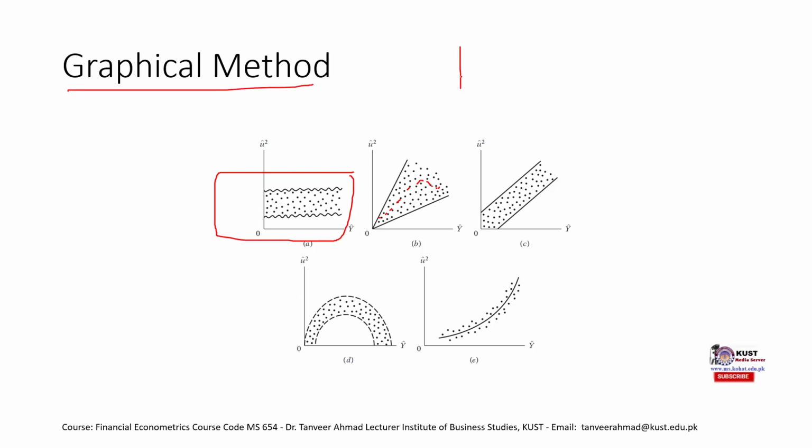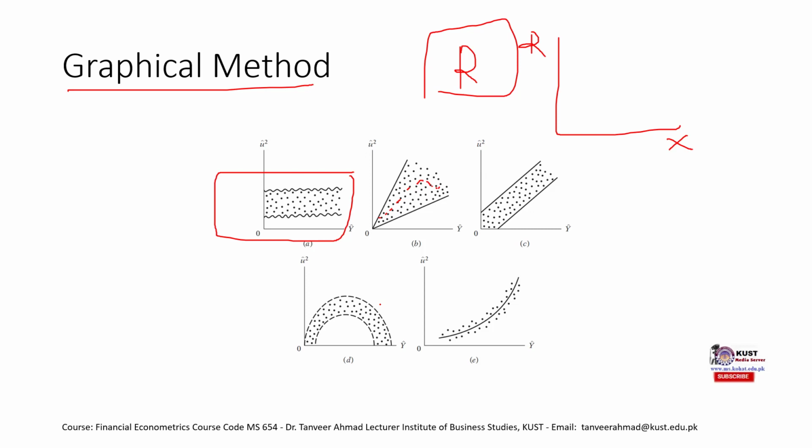We can draw some kind of residual plot, and a residual plot is where we plot the error term, the residual, with the x or y variable. So in this case, all these are residual plots, and they can give us a pretty good idea whether there is heteroskedasticity or not.